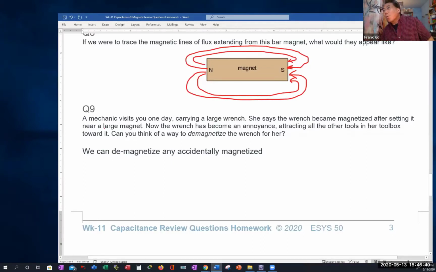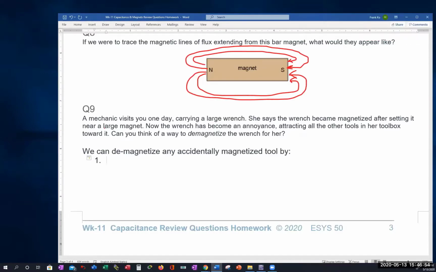So we can demagnetize any accidentally magnetized tool by, who wants to try this? One way. I had to Google this one. Yeah, what did you find out?